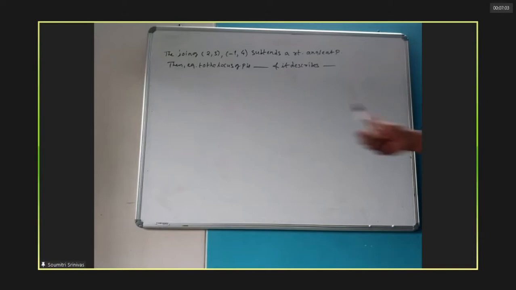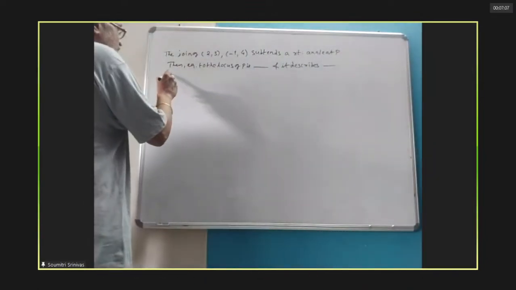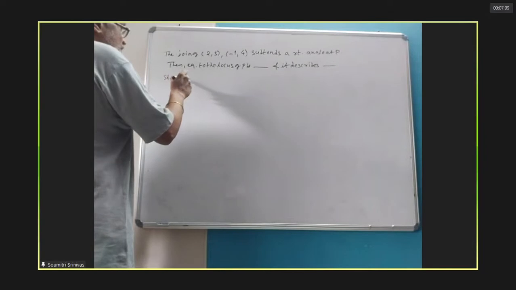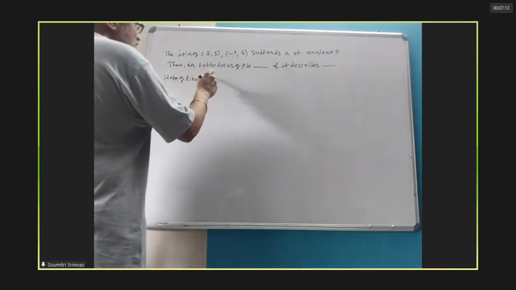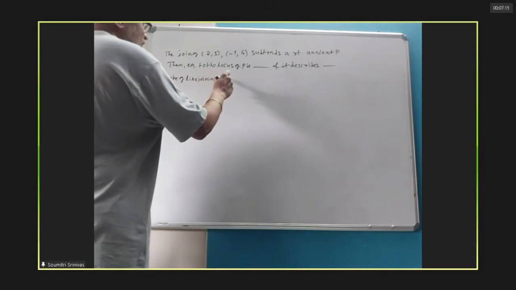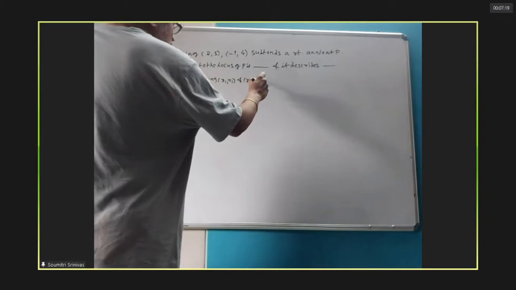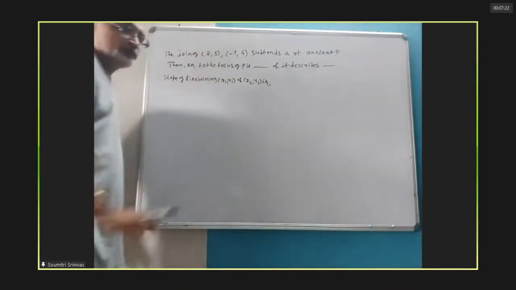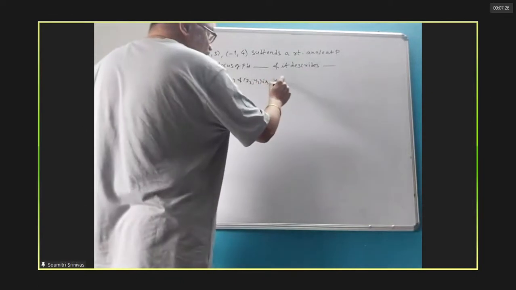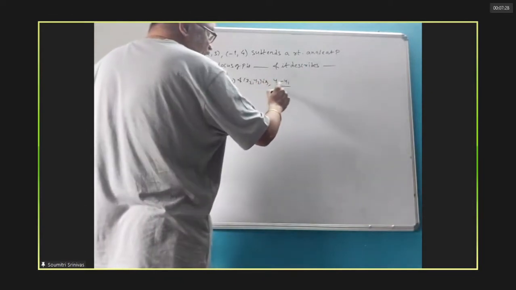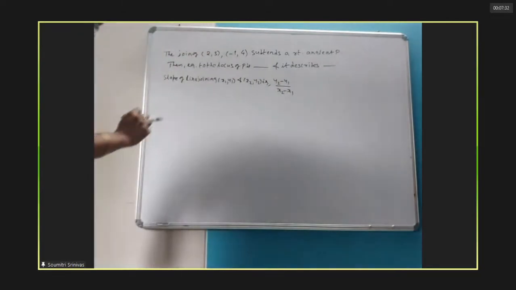I think you know these 2 points. What is the slope of the line joining (x1, y1) and (x2, y2)? I told this earlier. What is the slope formula? The slope formula is y2 minus y1 by x2 minus x1.